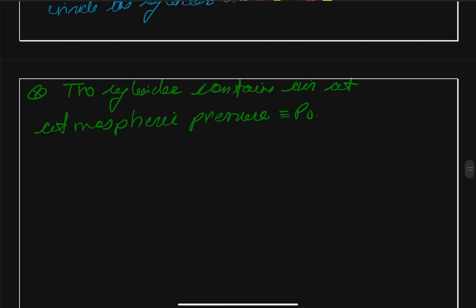Therefore, volume V naught will be equal to pi r square times L naught. Okay. And you have to remember, this is before water enters.